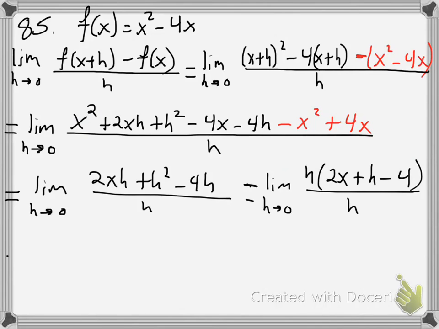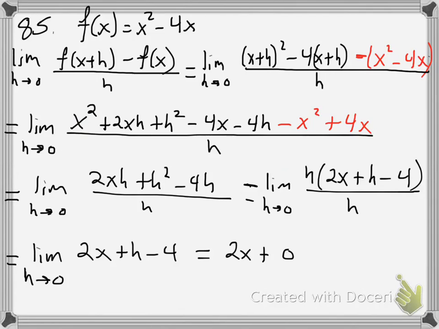Now we can cancel those h's, and we have the limit as h goes to 0 of 2x plus h minus 4. I can directly substitute 0 in now for the h because I am not going to be dividing by 0. And there is our limit. And that's it for that one.